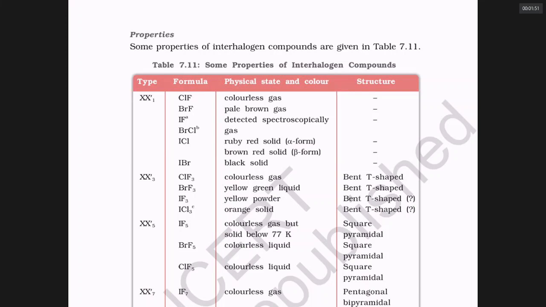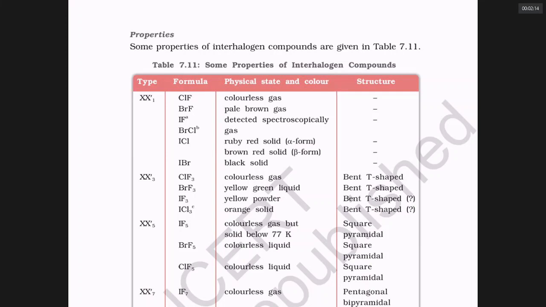Only ICl has a ruby red color in alpha form and brown red color in beta form. IBr is a black solid. All others, those which don't have iodine with chlorine and bromine, are gases. IF is very unstable.